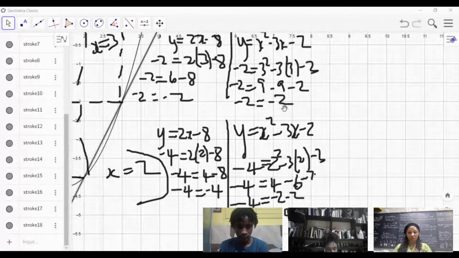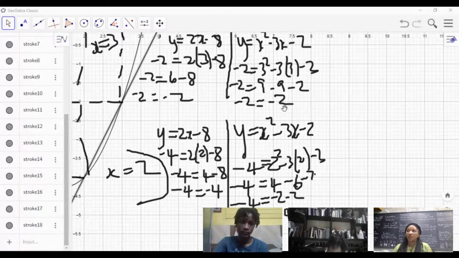Right, so those are the solutions. What we have done when we are substituting back into the equations is just checking our answers. You don't necessarily have to do this, except for your own satisfaction.